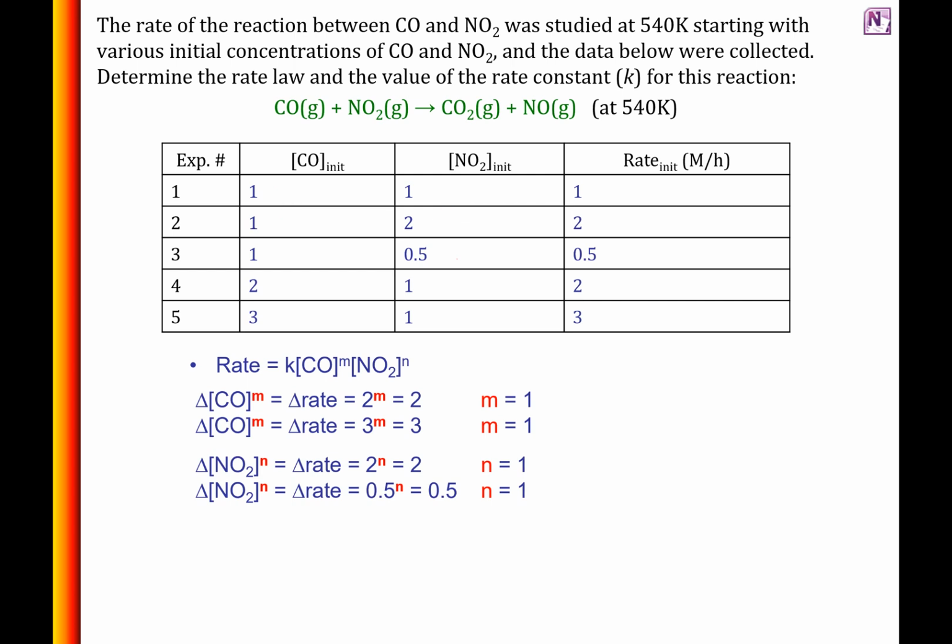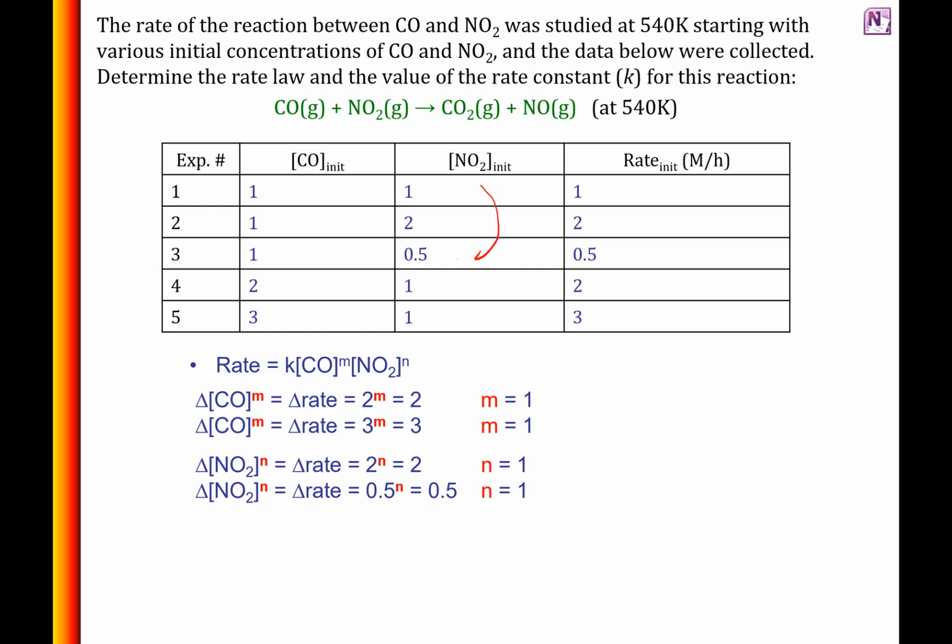So we can use those 2 reactions to determine n. Let's use 1 and 2. From 1 to 2, we doubled the concentration of NO2, and our rate also doubled. So 2 raised to the n is equal to 2. So the value of n is equal to 1.